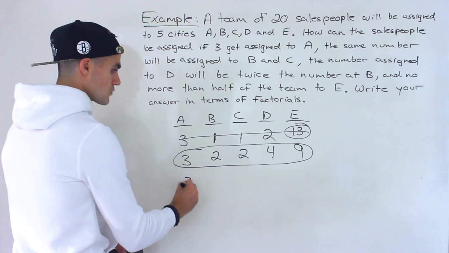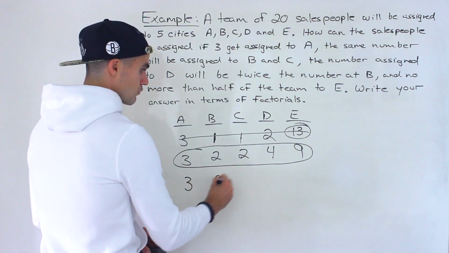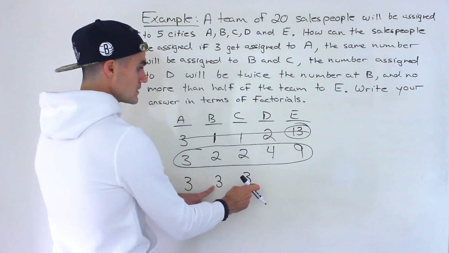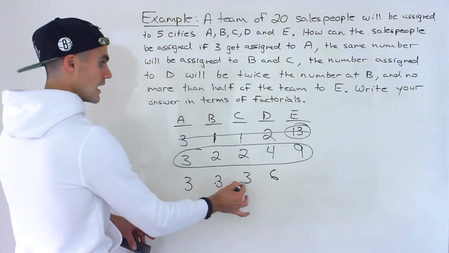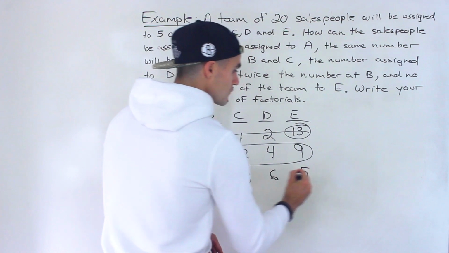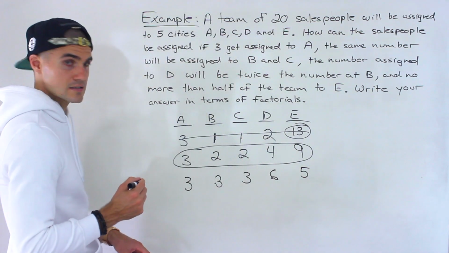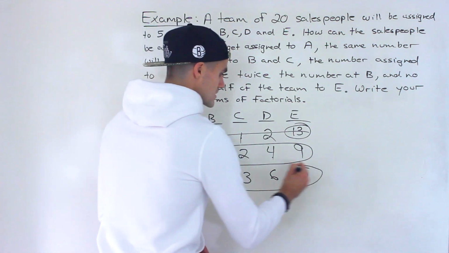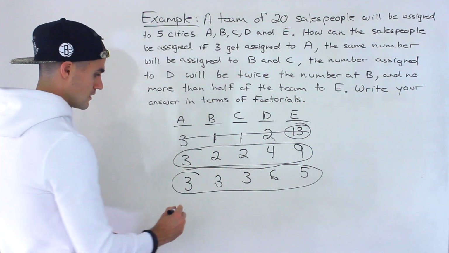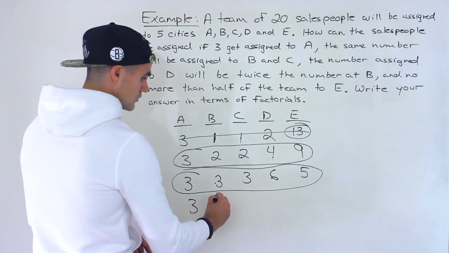What about the next case? If this goes to 3, then these two are the same always, and this is double this, so this would be 6. So we'd have 6, 9, 15, and 5 would be left to get assigned to city E. That's fine, 5 is less than half of the team. And then next we can do 4.